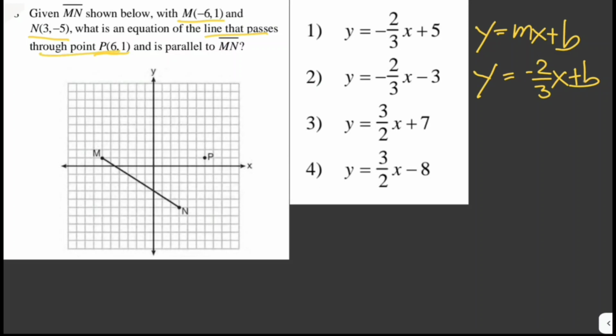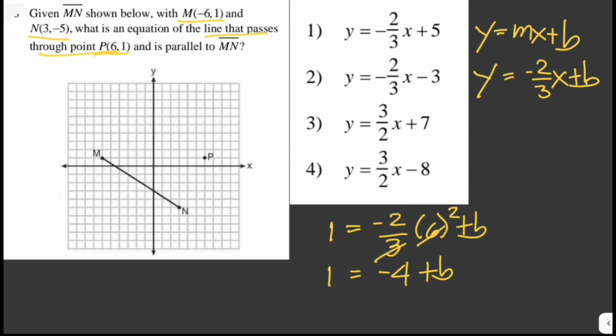Now we can solve for b, which is the y-intercept. So that would be 1 equals -2/3 times 6 plus b. 6 is divisible by 3, so this is 2. So this is 1 equals -4 plus b. Then we transpose 4 to the other side.